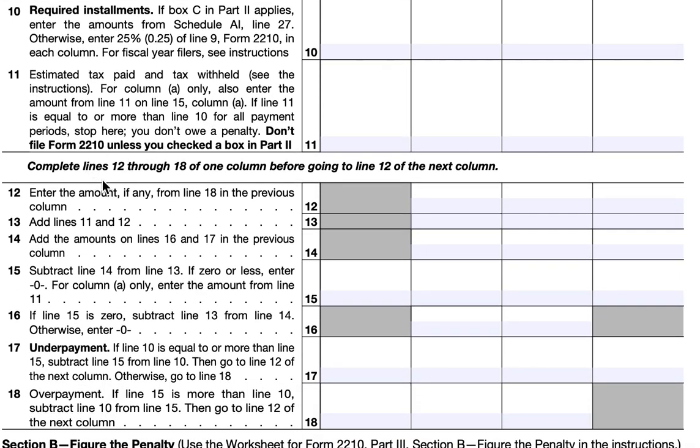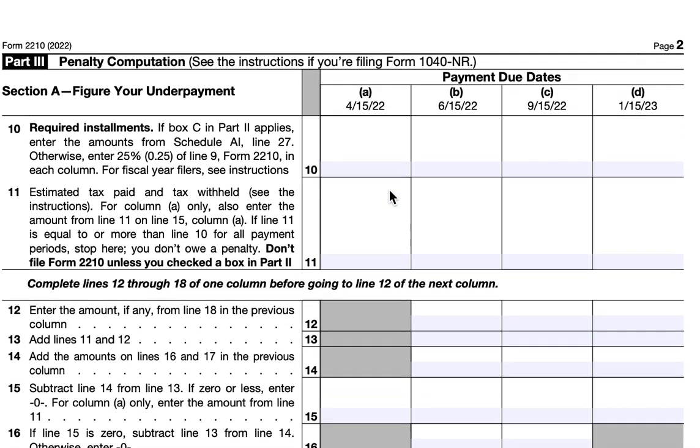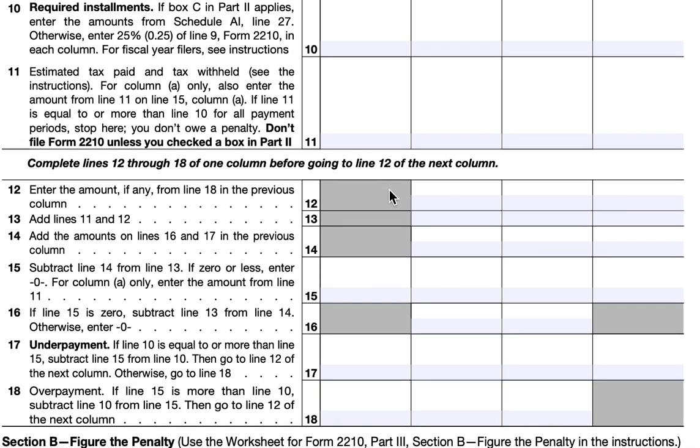You're going to need to calculate lines 12 through 18 by going through a column, carrying this over to the next column. So what you would do is, starting in column A, which is the April 15th date, you can see that some of these blocks are grayed out because they're not applicable.